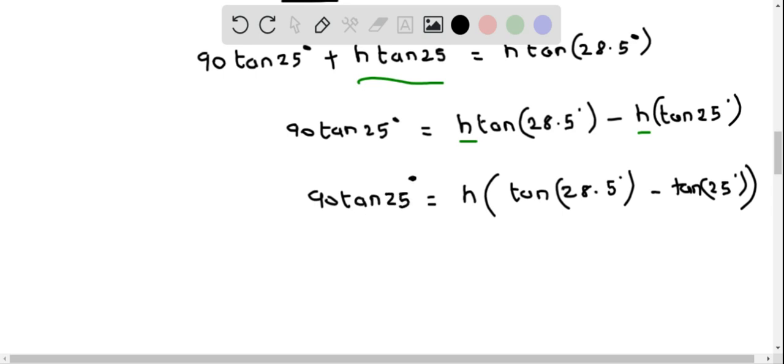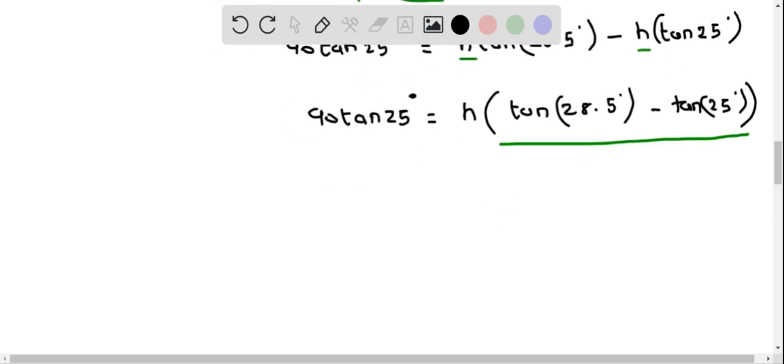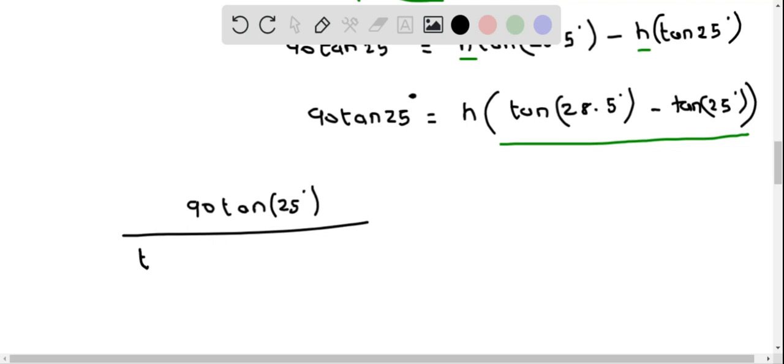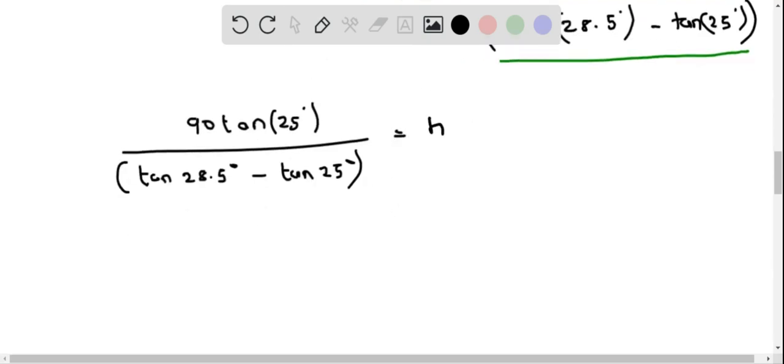And to solve for H, we just have to divide both sides by this expression, and doing so we get 90 times the tangent of 25 degrees over the tangent of 28.5 degrees minus the tangent of 25 degrees, and this equals H. Now we plug this expression into the calculator and approximate the value of H to a whole number.